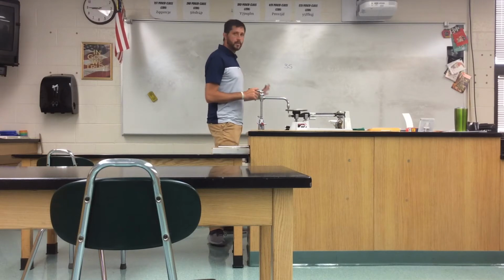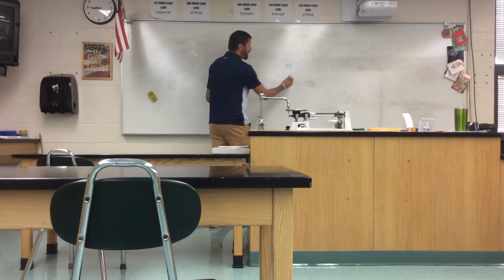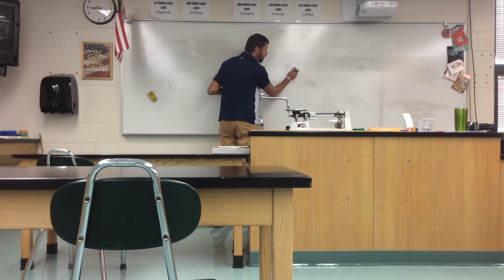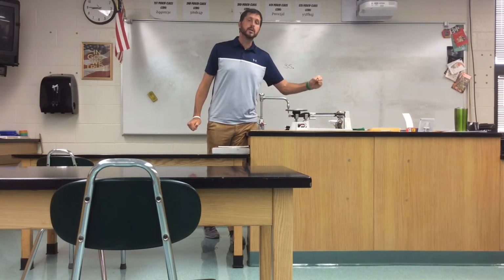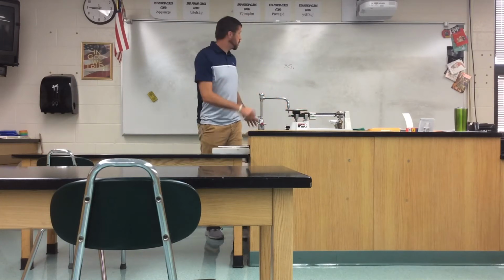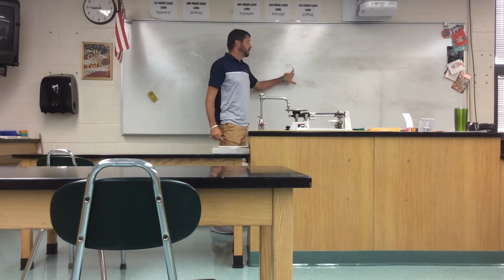So the decimal is always at the end of a whole number. If there's no decimal, it is assumed that it is a whole number, and it is right here at the end of the whole number. We don't list the decimal numbers unless there is a decimal number to be listed. Okay, so like 35, the decimal goes right there at the end of the whole number.